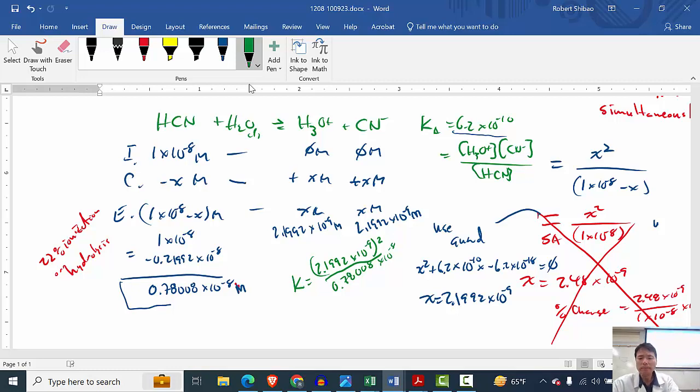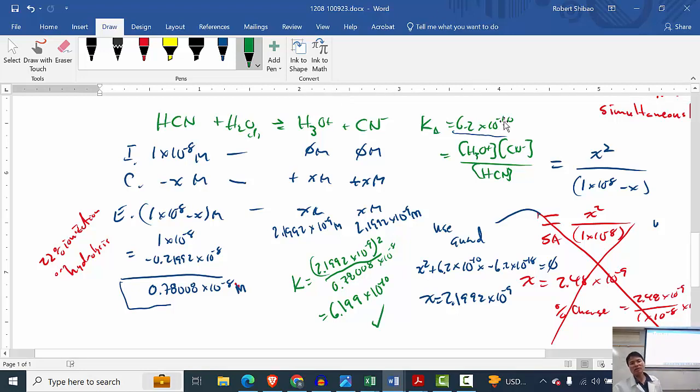And see what we get. I get a K value that's equal to 6.199 times 10 to the minus 10. And the given K value is 6.2. So we're good here. Values check out.